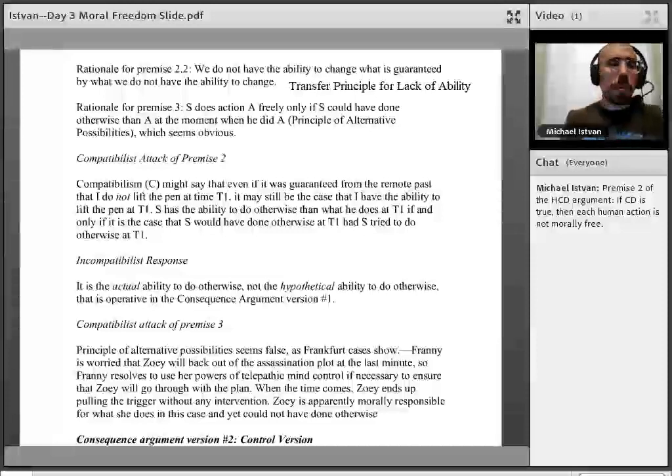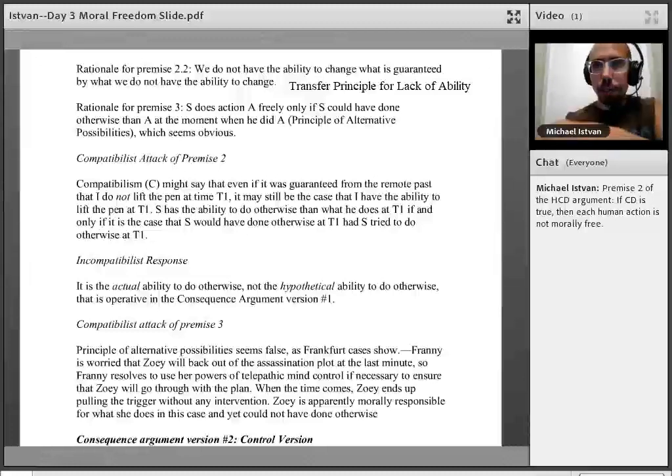After all, many of us hold that the following principle is true, which I have on the slide right here, the principle of alternative possibilities. The principle of alternative possibilities, which seems obvious, as I say, you can word it like this.